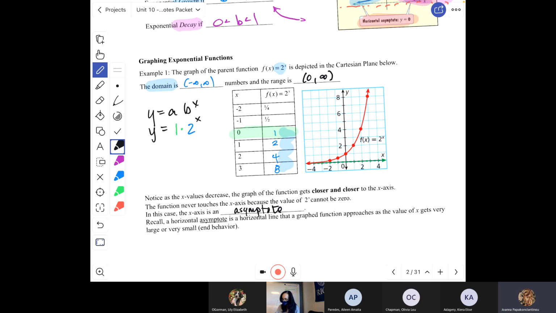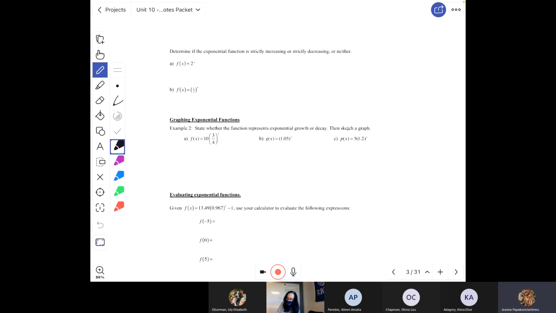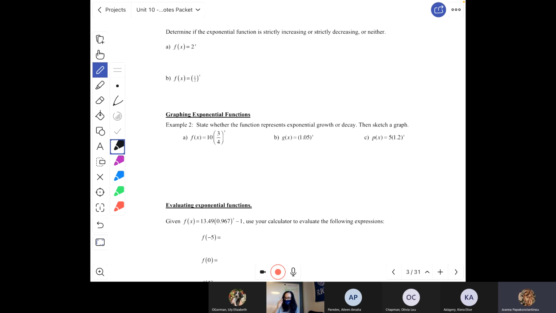Okay. So let's look at a few examples. Let's say I give you some exponential functions and I ask you, is it strictly increasing? Is that exponential growth, meaning b is greater than 1? Or is it strictly decreasing, meaning I have exponential decay, meaning b is a proper fraction, a value between 0 and 1? Or is it neither?